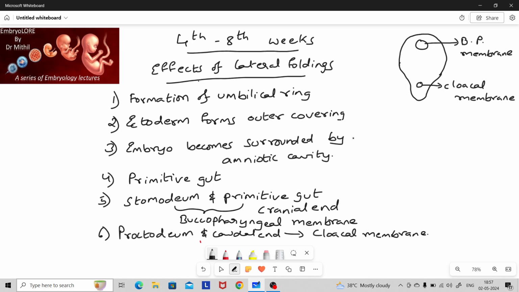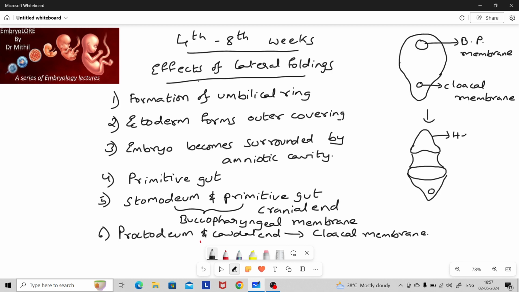So the folds will be there. Now let us try to understand here. This is the head bulge, and here this is the stomodium, and here the umbilical opening.